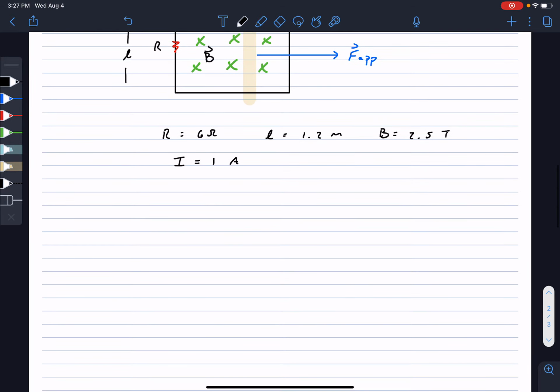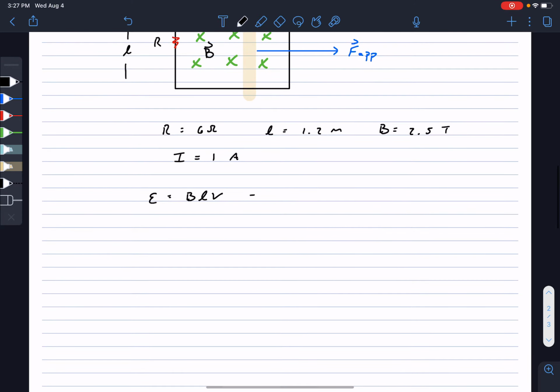Okay, so to find the speed, we can use these identities that we know. We have E is equal to BLV, right? We also know it's equal to IR, and we want V. So then what we do is we take BL to the other side, IR over BL.